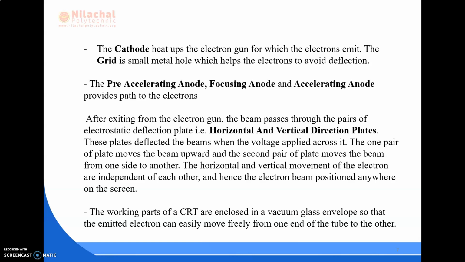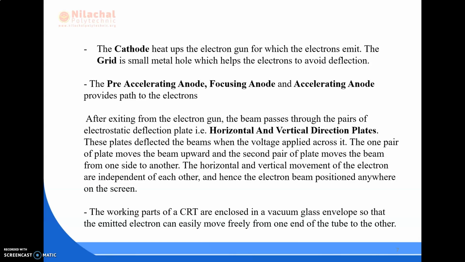The grid is a small metal hole which helps the electrons to avoid deflection so that the electrons move forward straight. The pre-accelerating anode, focusing anode and accelerating anode are basically used to keep the straight path of the electron. So these three provide a straight path to the electrons.